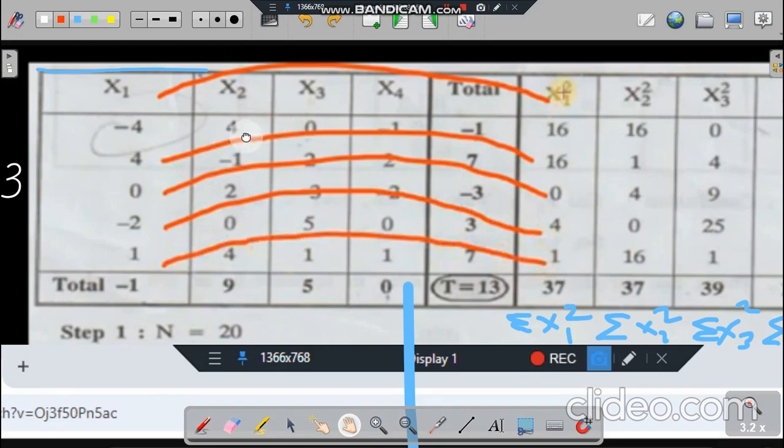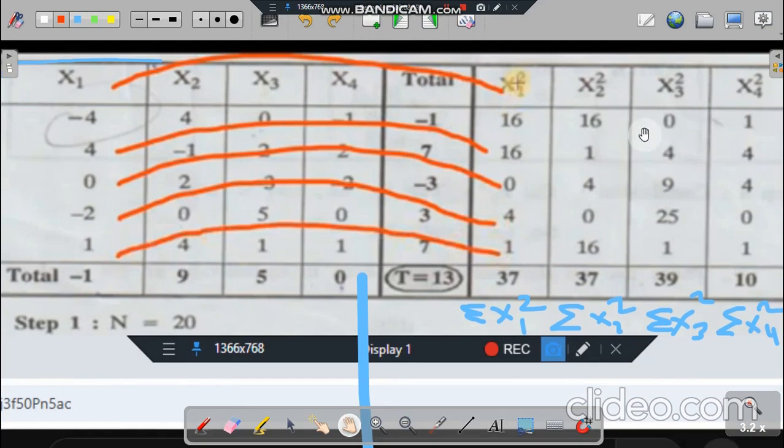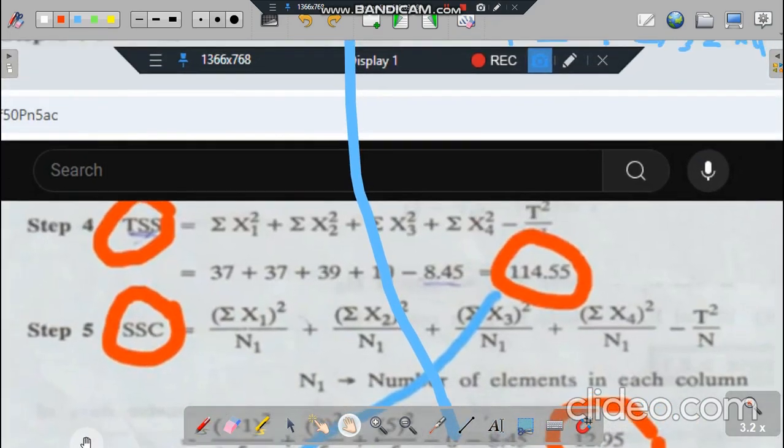Then we have to square them. We will get this one. We are adding all of them because these are needed to calculate this. So we are finding out TSS, and its value is 114.55.